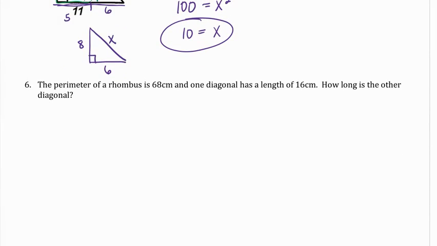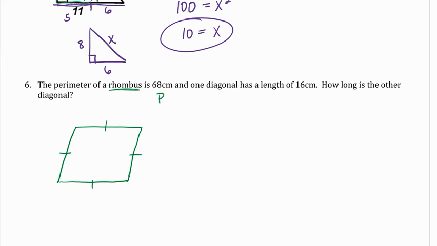All right, and then our last example here, it says the perimeter of a rhombus is 68 centimeters. One diagonal has a length of 16 centimeters. How long is the other diagonal? Okay, so we've got a rhombus, right? A rhombus is a parallelogram. And if you remember your properties of a rhombus, all four sides are the same length, right?